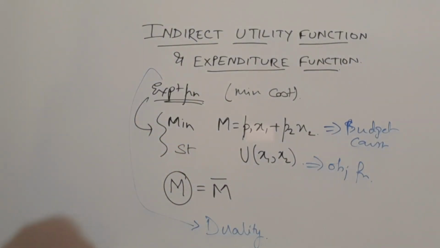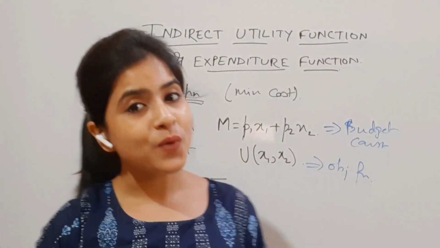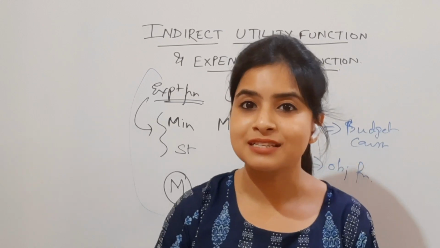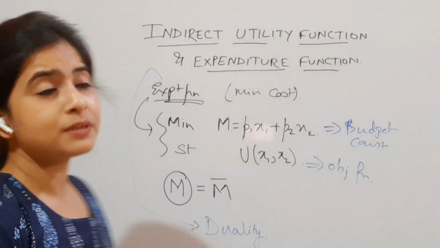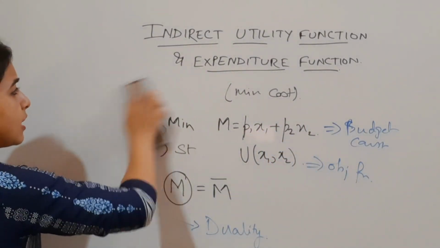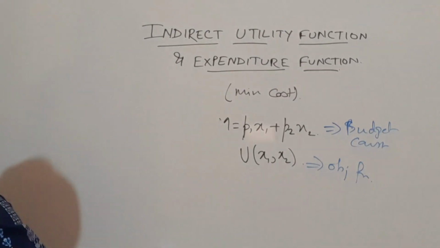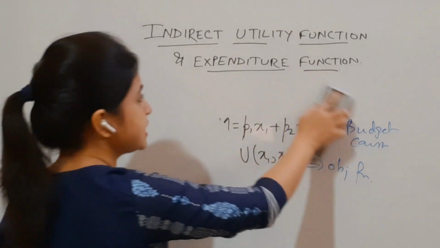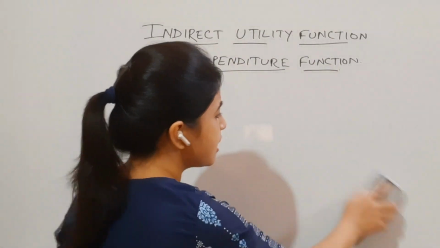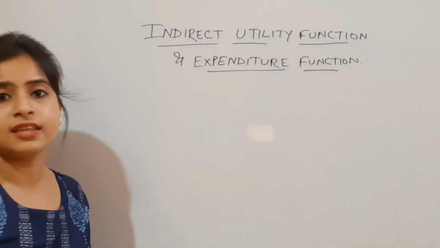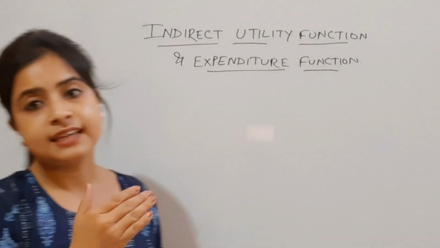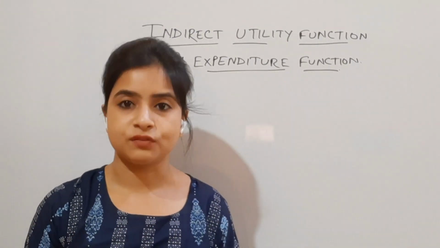Alright, without any further ado, let's quickly move to the properties of the two. The properties of the two are very important. There are many situations where we find questions asking to write down the properties, or whether there is any difference, true or false. Many forms of questions appear on the indirect utility function and expenditure function.